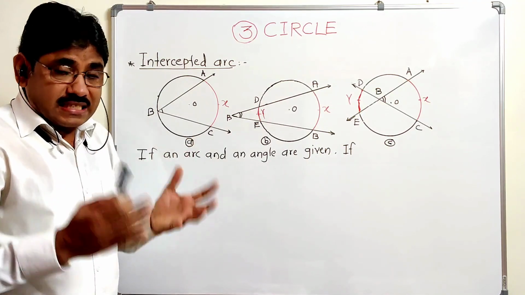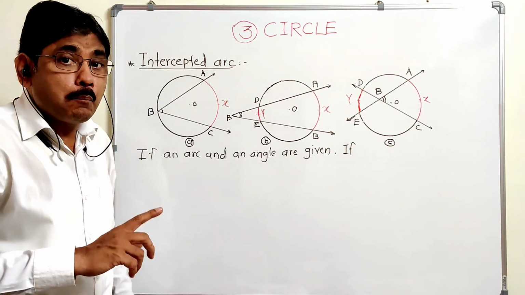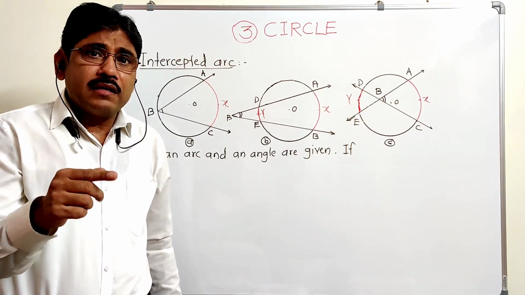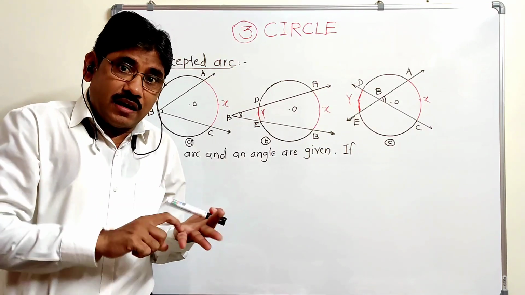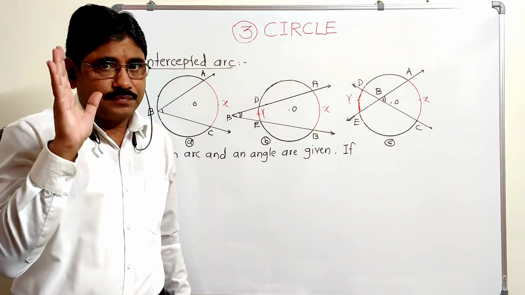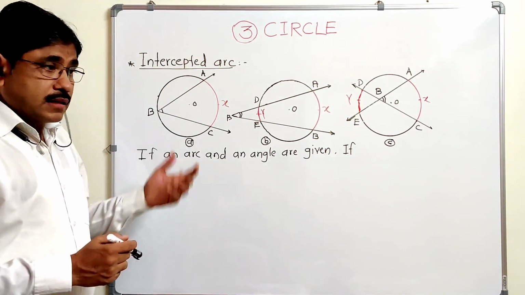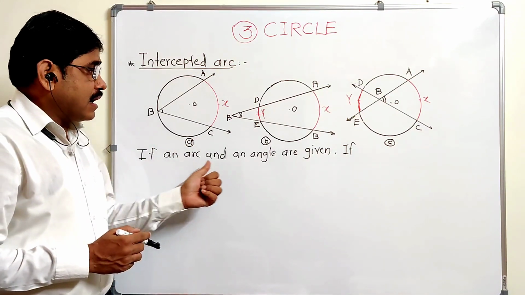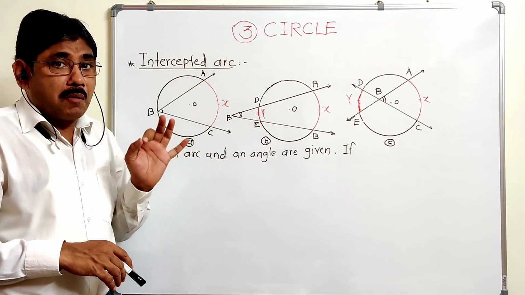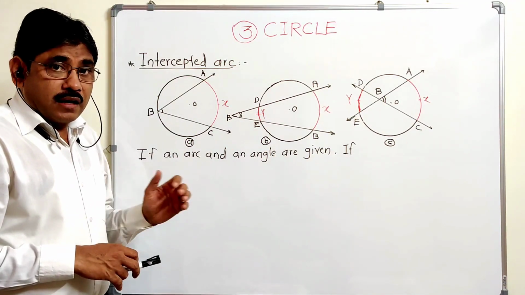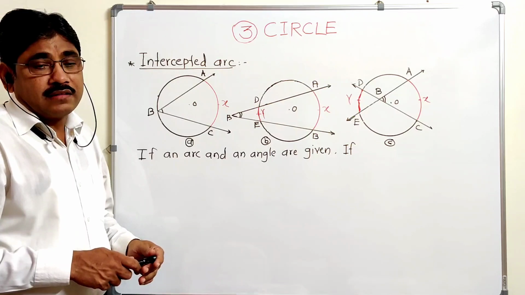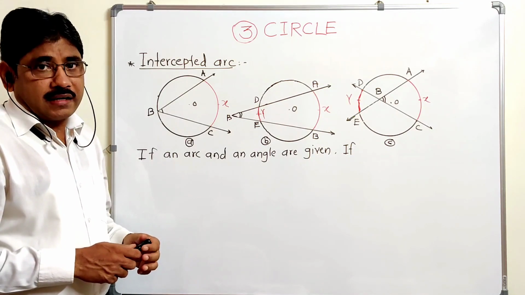So when can we say the arc is intercepted by the angle? Here remember, the angle is inscribed in the arc, and the arc is intercepted by the angle. If an arc and an angle are given and both complete two conditions, then we can say that the angle intercepts that arc.